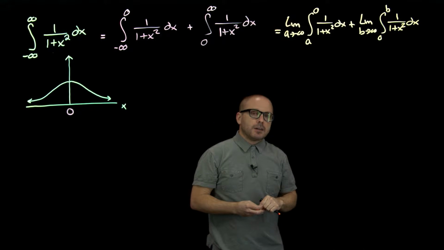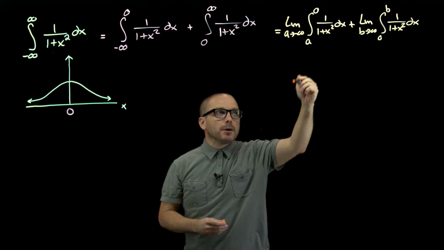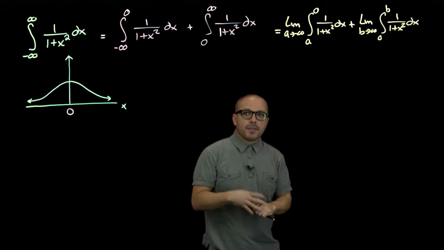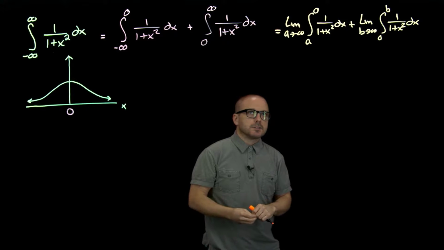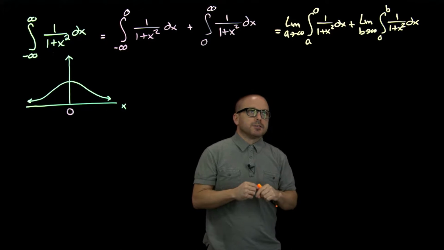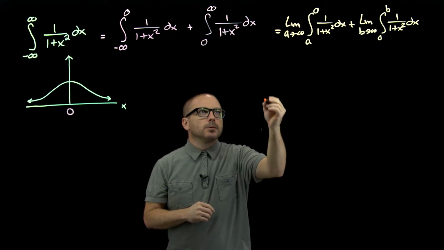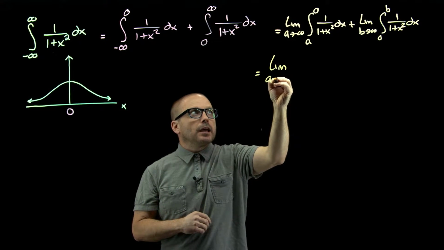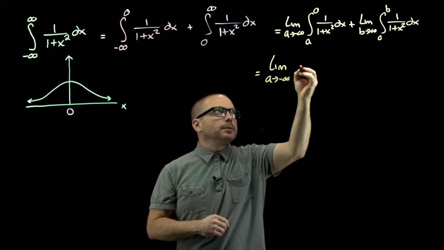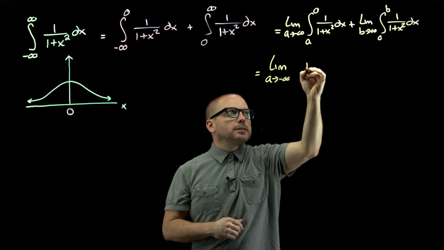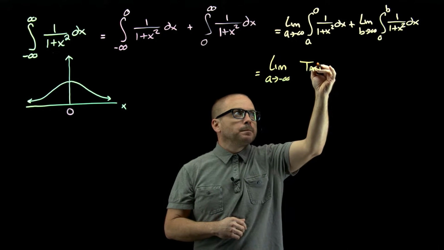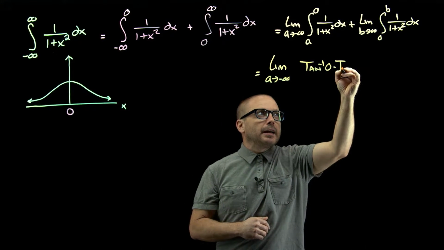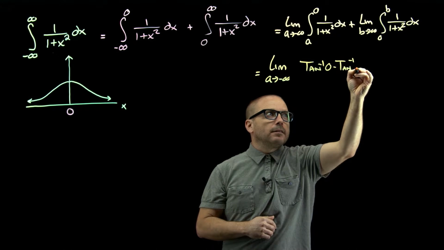And so now we can evaluate the integral. Remember, 1 over 1 plus x squared, we know that from Calc 1. That's the derivative of tan inverse. So in both those integrals, the antiderivative is tan inverse. So we're looking at the limit as a approaches negative infinity of tan inverse evaluated at 0 minus tan inverse evaluated at a.